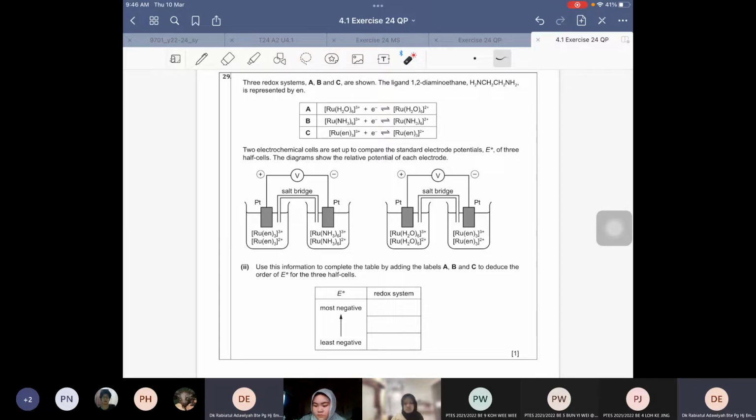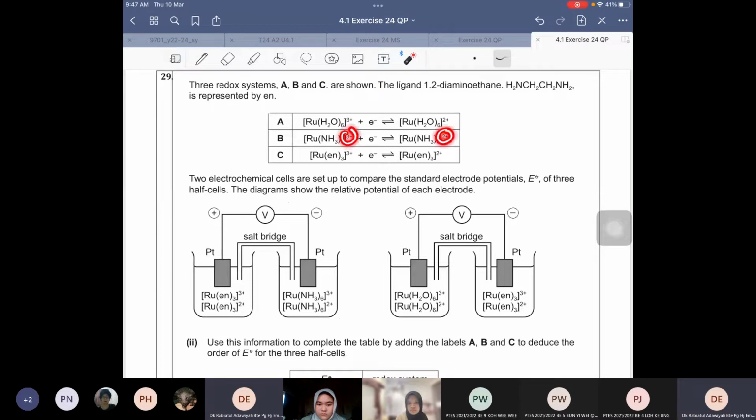They're very different: ruthenium with water, ruthenium with ammonia, and ruthenium with En, ethyl diamine, but the short form is En. Also, the most important thing is their oxidation state. The oxidation number is different, so +2 and +3.